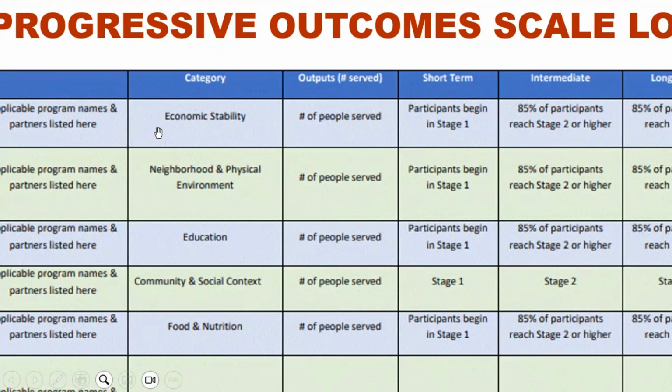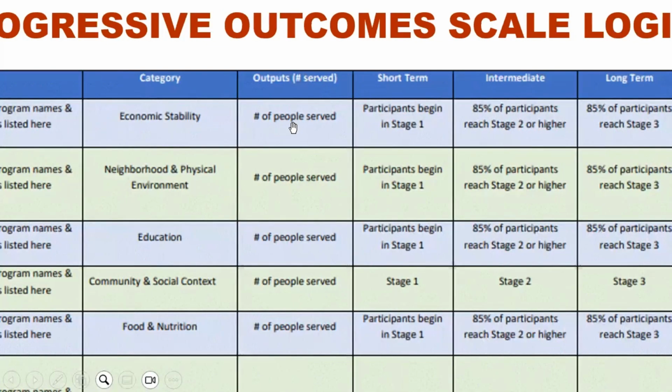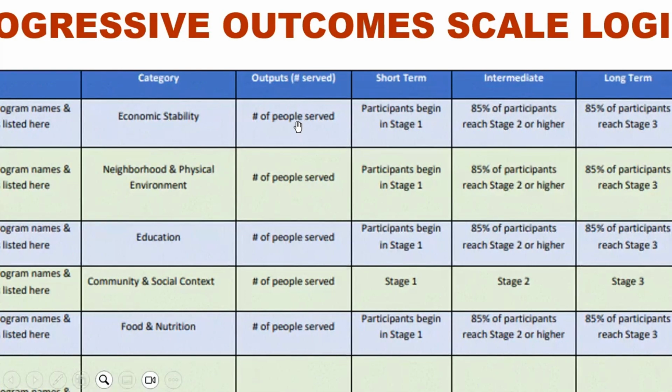So I'm just going to focus on the one at the top since this is a short overview. So economic stability. You would have your partners that you work with regarding economic stability listed here and any programs that you're offering, such as maybe a financial literacy program. How many people you plan to serve through that financial literacy program, not to be confused with outcomes.